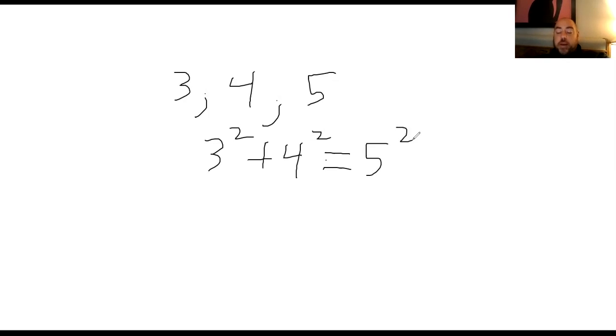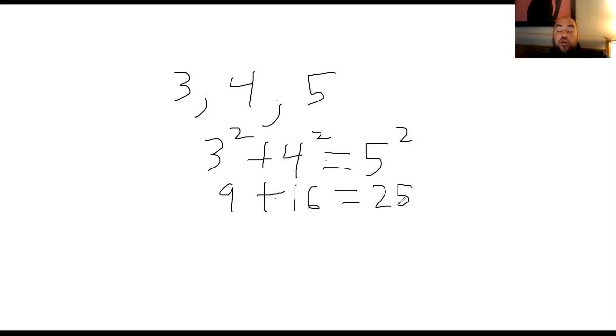Notice that this becomes true, because we have 9 plus 16 equals 25. So this is true, 9 plus 16 is 25.